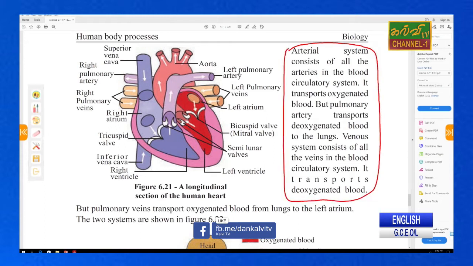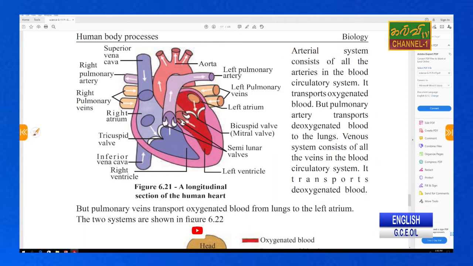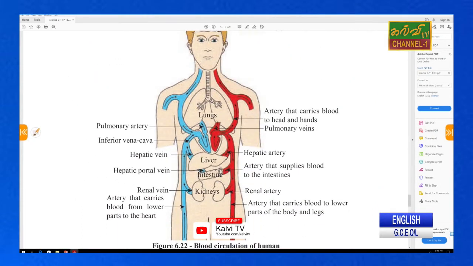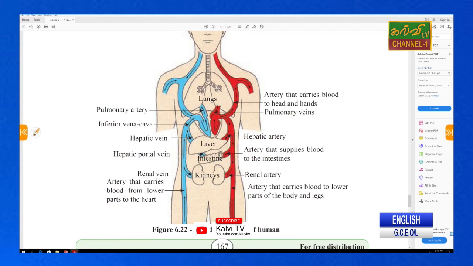What is the artery system? Artery system means this, here in red color, that is the artery system, right?